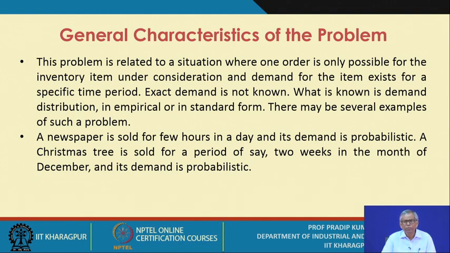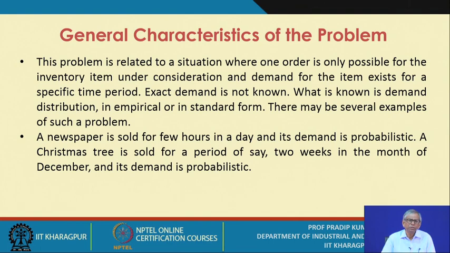Whereas there are items, particularly for a running production system, that you need to procure on a regular basis. It's continuing, the production is continuing, and so also the requirement of a particular item. So that particular item is to be procured on a regular basis.